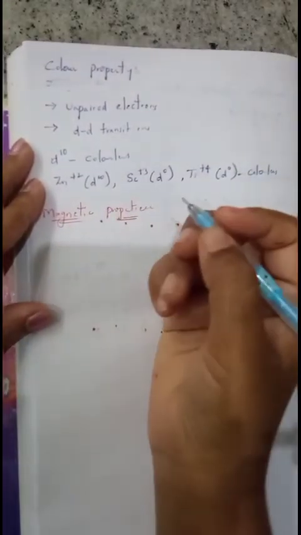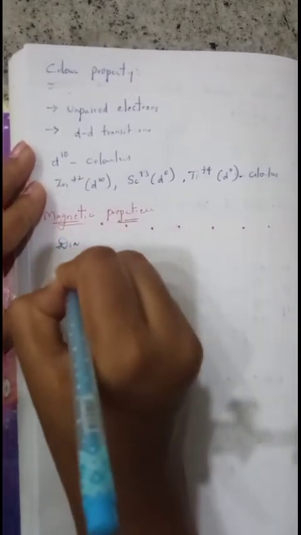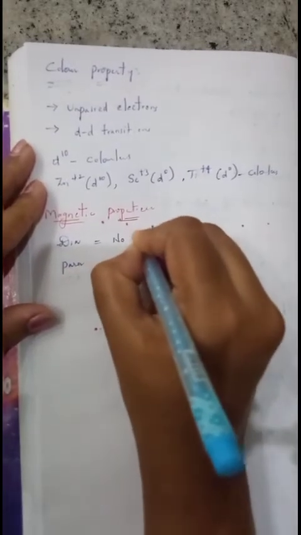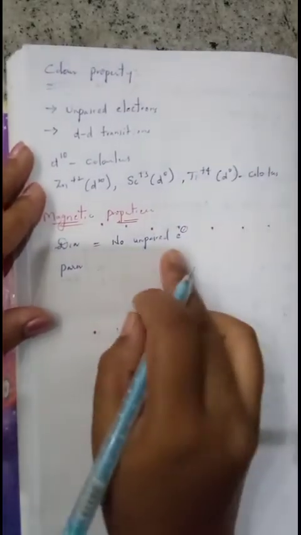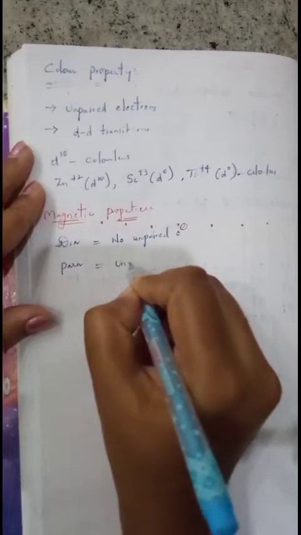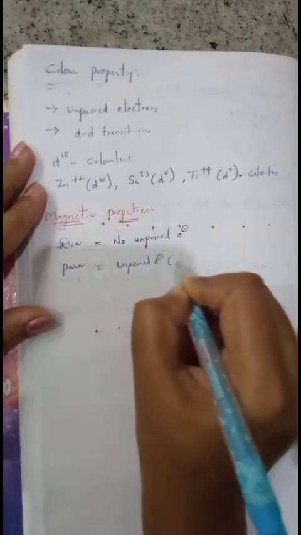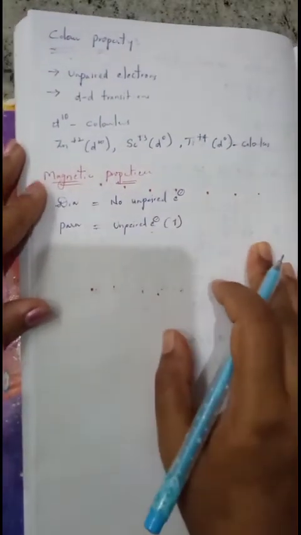Based on the type of electrons we can say whether the substance is diamagnetic or paramagnetic. If there is no unpaired electron in an element or a substance, then it is said to be diamagnetic. If there is an unpaired electron or single electron, then such substances are said to be paramagnetic in nature.